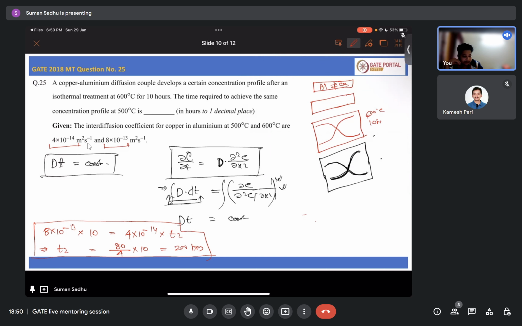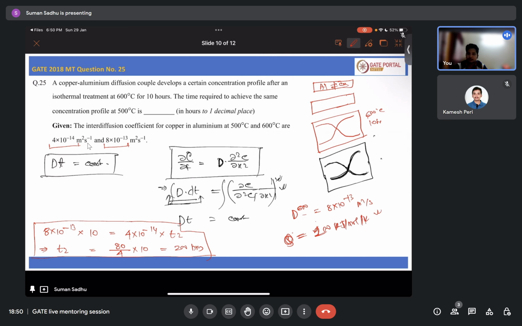It may mention that D at 600 is, let's say, 8 into 10 to the power minus 13 meter square per second, and for D at 500 you have to calculate, but in that case it will give you the Q value, let's say 200 kilojoule per mole per kelvin, sorry, kilojoule per mole. So this Q value will be given.